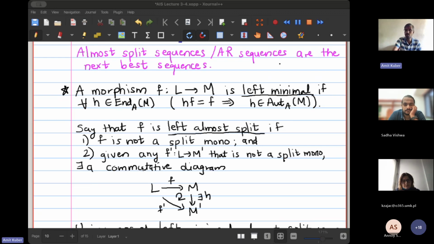Of course, a split morphism won't factor here. So this has the universal property of this kind.